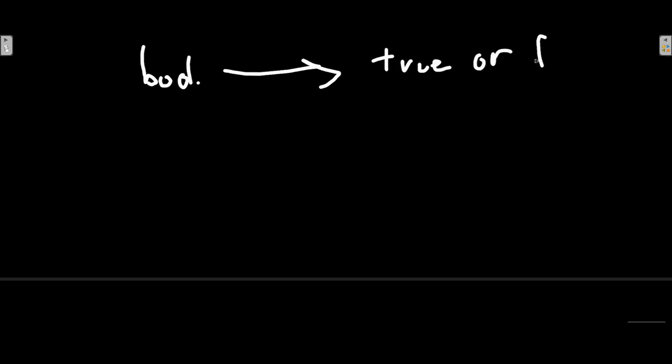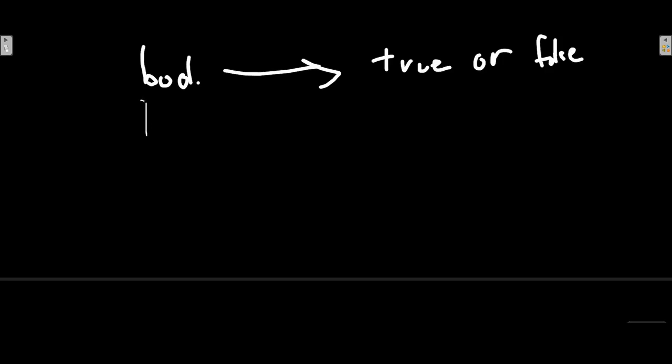So let's recap, right? We love recapping. A Boolean, I'll just call it bool, is anything that's true or false. False, let's put that in there.